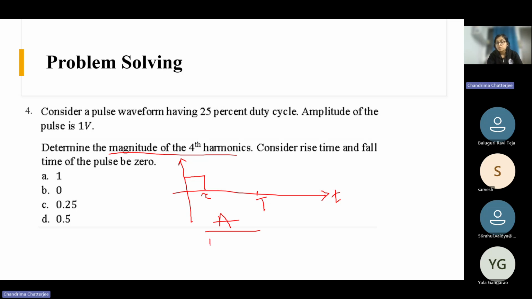So we will compute it. j n omega naught T, 1 minus e to the power minus j n omega naught tau.